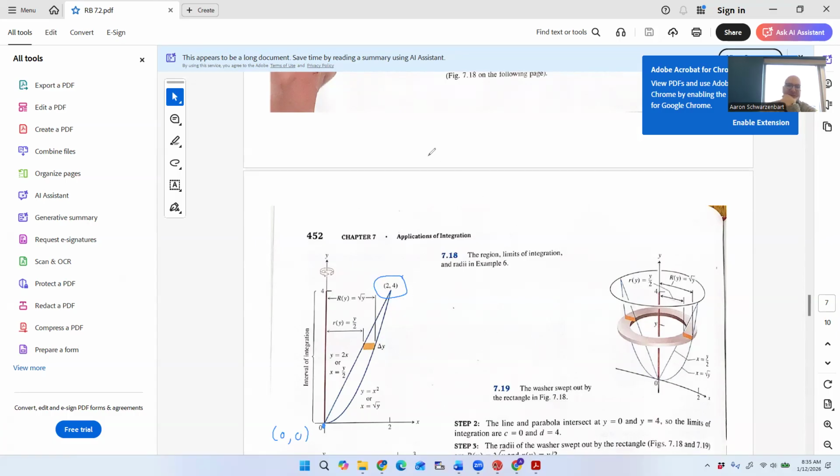Now I'm revolving around the y-axis. So based on the methods you know, we want to solve this for y. Or solve it for x. I'm not doing plus or minus the square root of y because this is only the positive case.